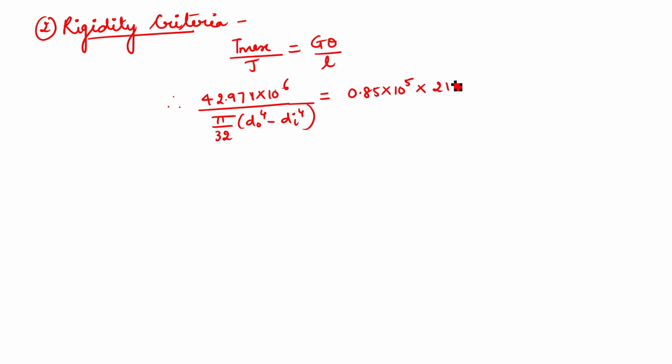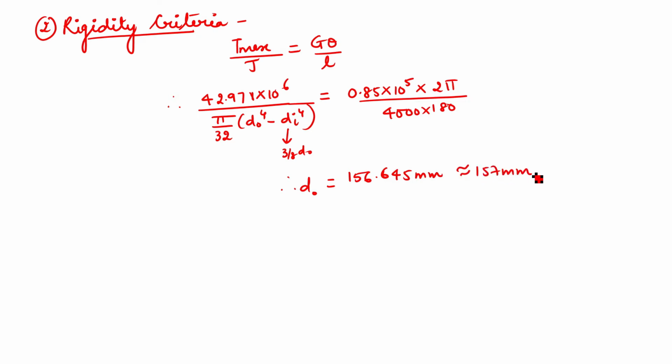Theta is now 2 pi upon 180 and L was 4000. When you solve this, substituting DI as 3 by 8 DO, you will get the value of DO as 156.645 mm. This can be approximated to 157 mm. This is one answer.